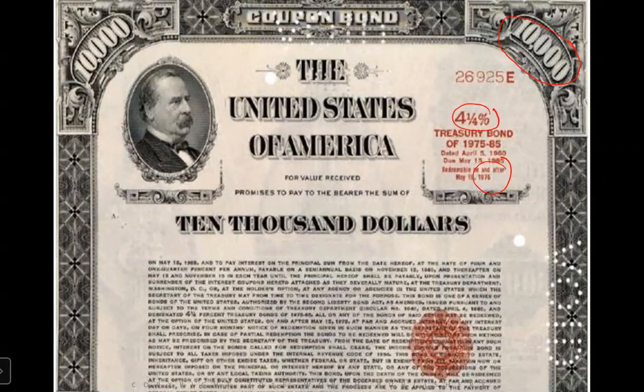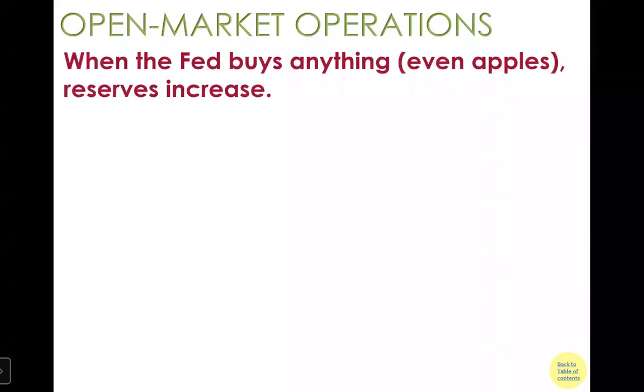So the Fed conducts open market operations by purchasing or selling this type of Treasury bill. But usually they don't do business with the Treasury directly.